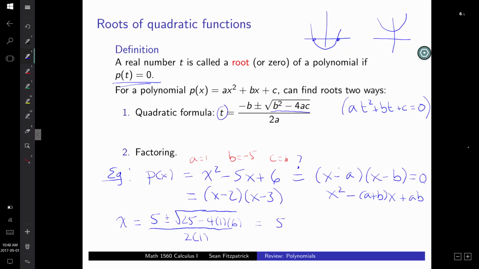So 5 plus or minus... 4 times 6 is 24. 25 minus 24 is 1. The square root of 1 is also 1. 5 plus or minus 1 over 2. So either 6 over 2 or 4 over 2. 6 over 2 gives me the 3. 4 over 2 gives me the 2. So if you can't see how to factor, you can always fall back on the quadratic formula.